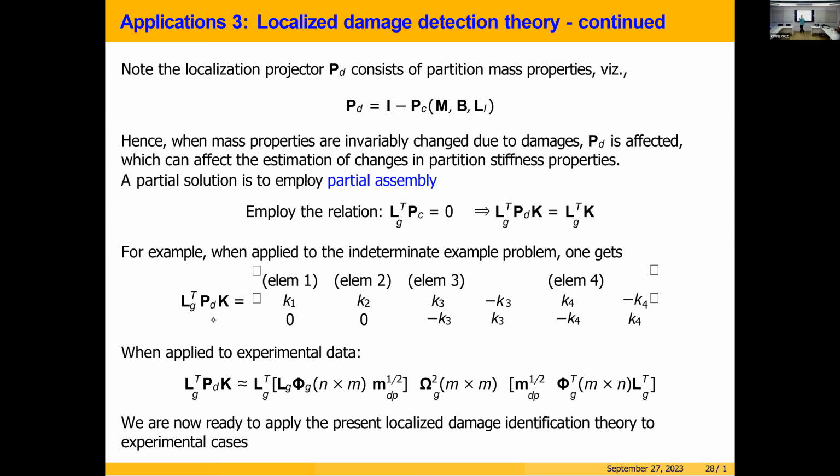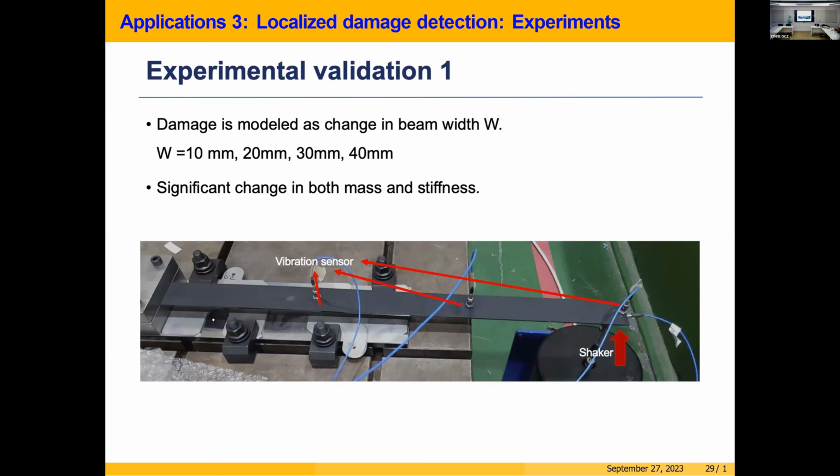Once we identify this, just use the assembling operator, you can demonstrate each element by element change, mimicking experimental data. And this is the experimental data you use. So this is real life.